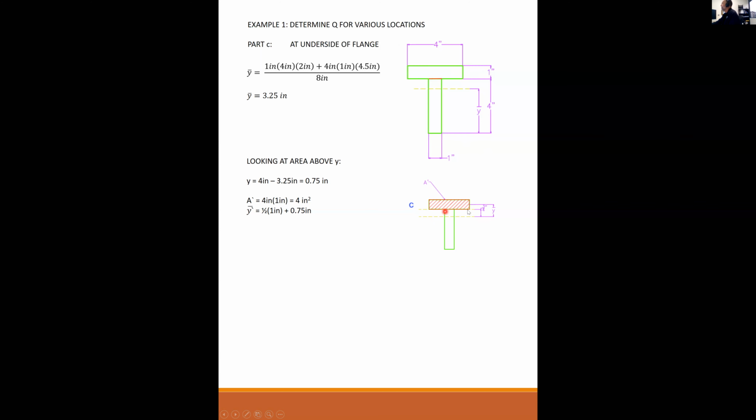It's not measured to the cut plane, it's measured to the center of gravity for the whole section. So that is half the thickness of the bar plus the distance from the bar to the center of gravity. And that's 1¼ inches. Anybody have any questions about that? The definition of Y bar prime?